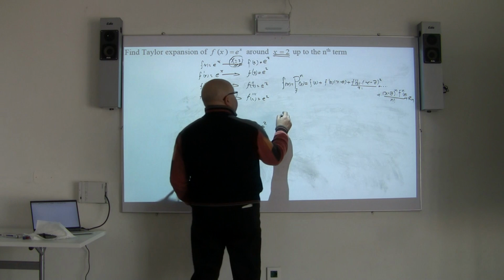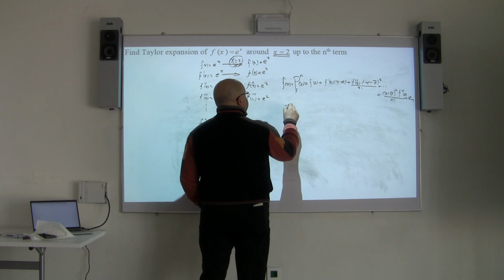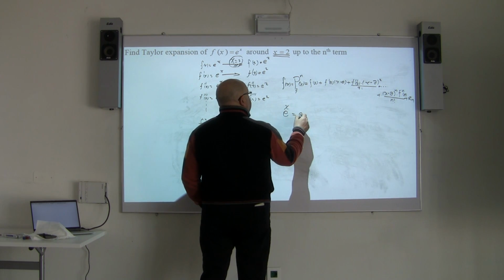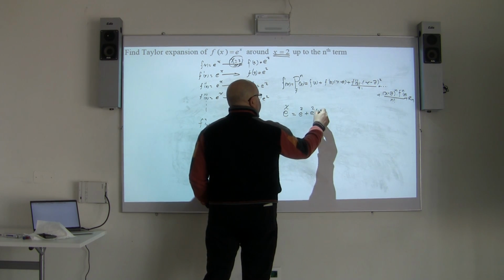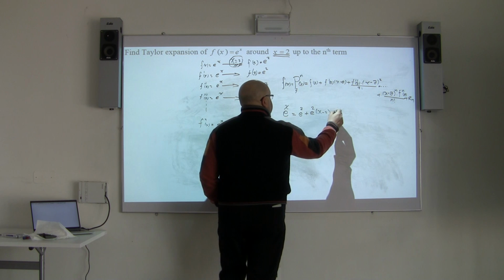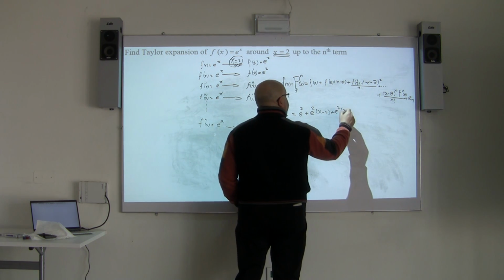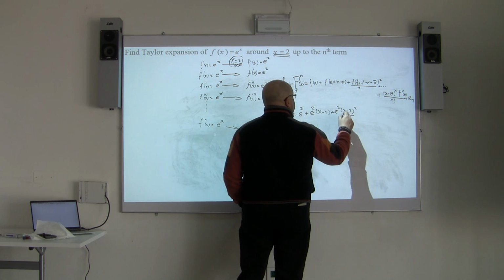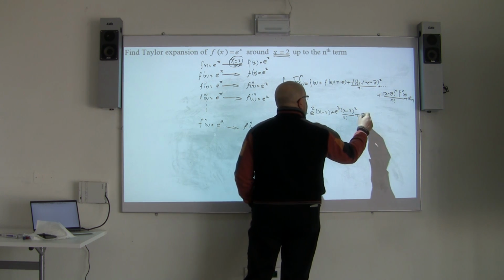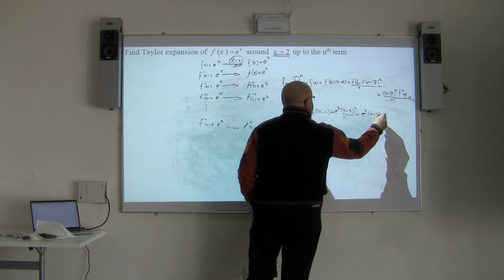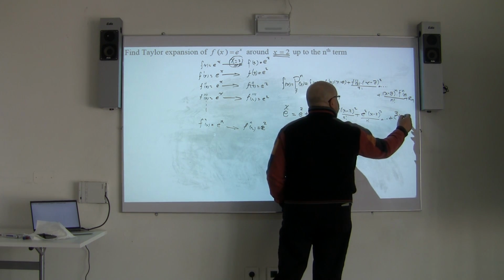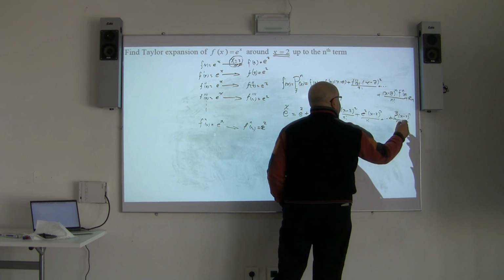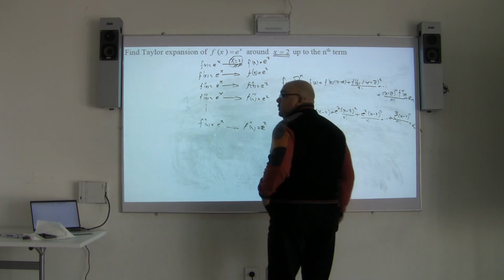So this is going to be e to the power of x equal to e to the power of 2 plus e to the power of 2 times x minus 2 plus e to the power of 2 times x minus 2 to the power of 2 divided by factorial 2 plus e to the power of 2 times x minus 2 to the power of 3 divided by factorial 3, and so on, plus e to the power of 2 times x minus 2 to the power of n by factorial n plus the remainder term.